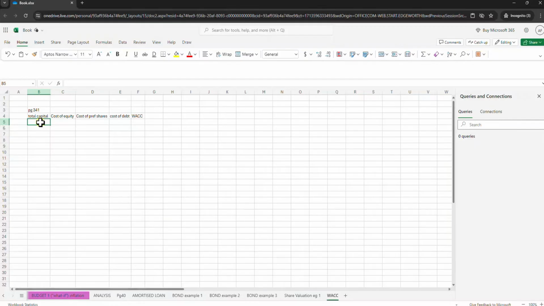I'm using capital. As I continue to use more capital, the cost is going to increase.